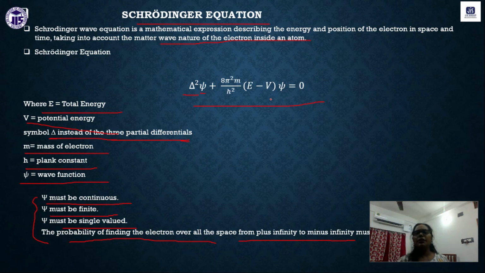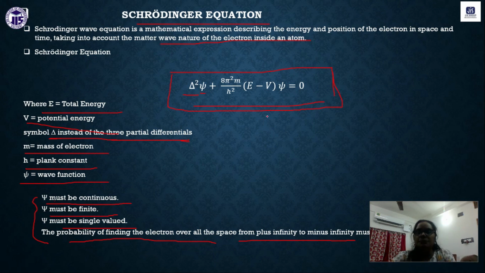From this portion you can have a very simple question: write down the Schrodinger equation and explain each term. So you just have to memorize this equation, as you don't have the derivation portion.